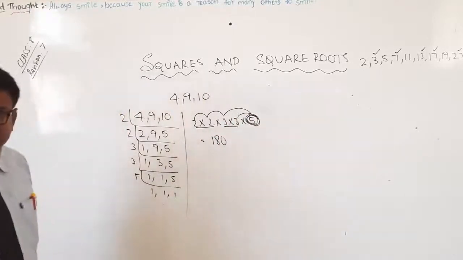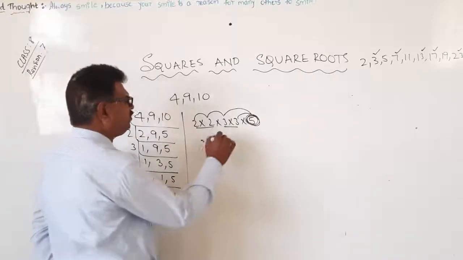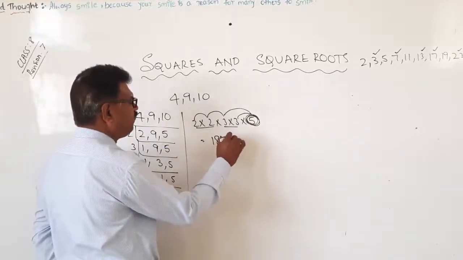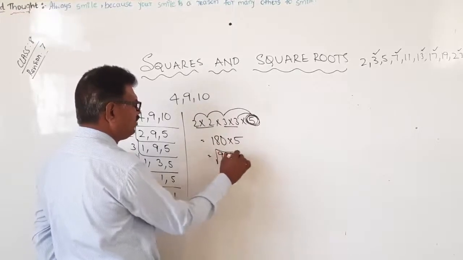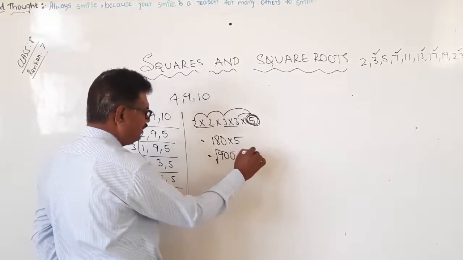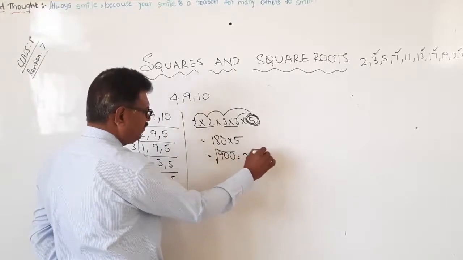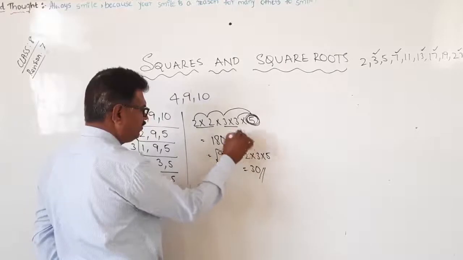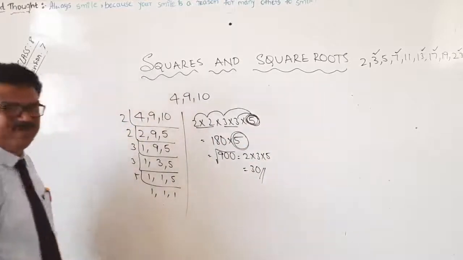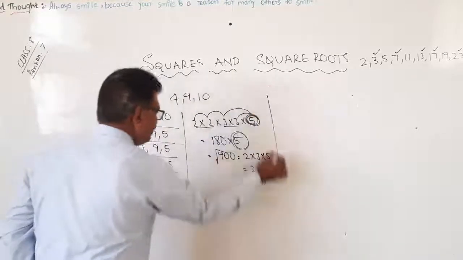Therefore, what must be multiplied? Yes, we should multiply by 5. It will become 900. Then the square root of 900 is 2 into 3 into 5, that is nothing but 30. Therefore, what must be multiplied? 5 must be multiplied. Okay na? Yes. One more number.